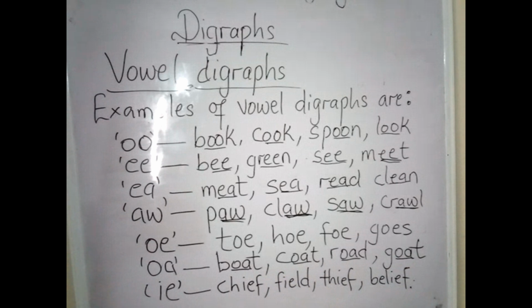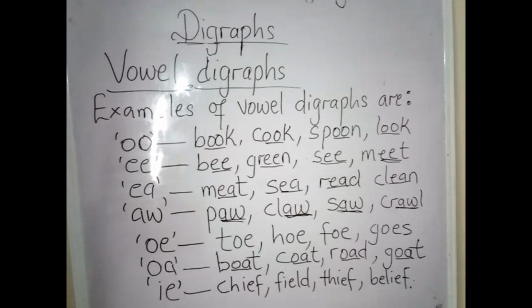And lastly, we have the letters I and E. Letter I makes the sound I, while letter E makes the sound E. But when the two combine, they form E sound, as in chief, field, thief, belief.